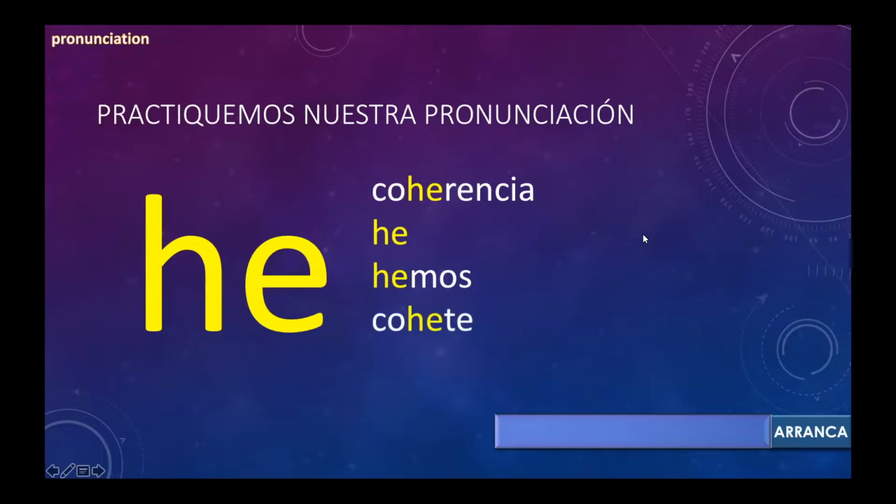Cohete. Enhebrar. So as you can see, we do not pronounce the H, we just pronounce the E after each one of the letters. So for instance, coherencia or cohete or enhebrar, that H is not pronounced.